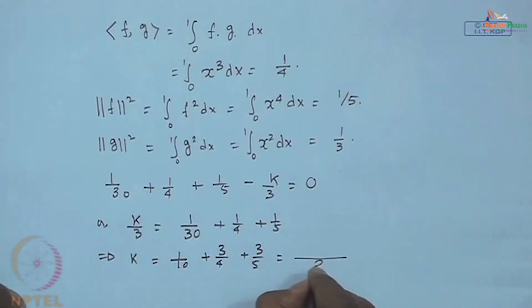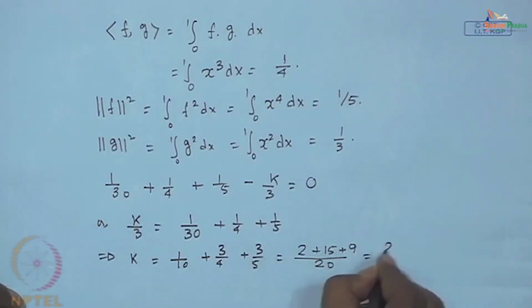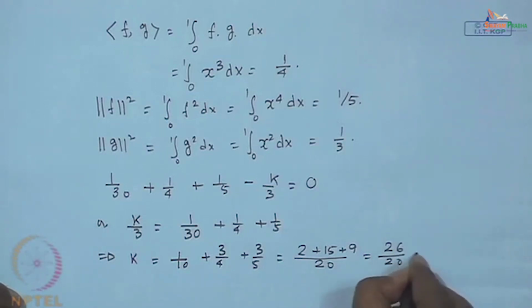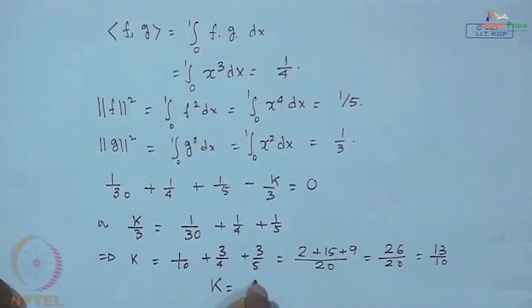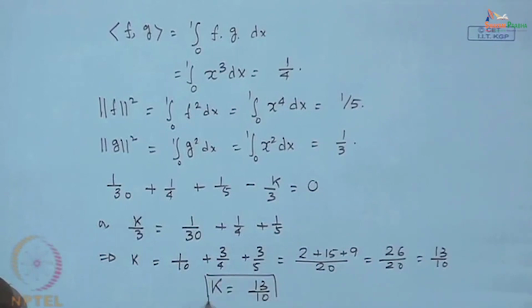So, the LCM is 20: 10 into 2, 5 into 5, 3 into 15, plus 5 into 3, 3 into 3 is 9, 26 by 20. So, it will be 13 by 10. So, the value of k is nothing but 13 by 10 for this particular problem.